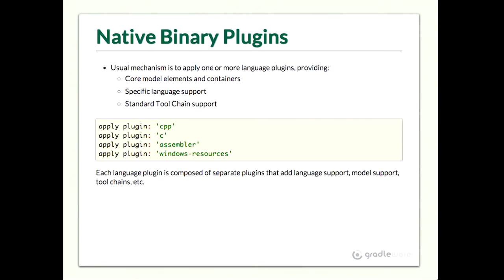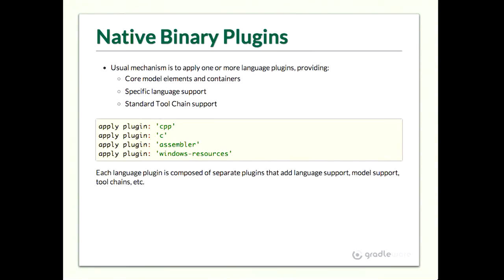They provide those types. They provide the support for languages like C or C++, assembler, so you might have different plugins that add different language support. And they all add support for the standard toolchains, the toolchains I referred to earlier.